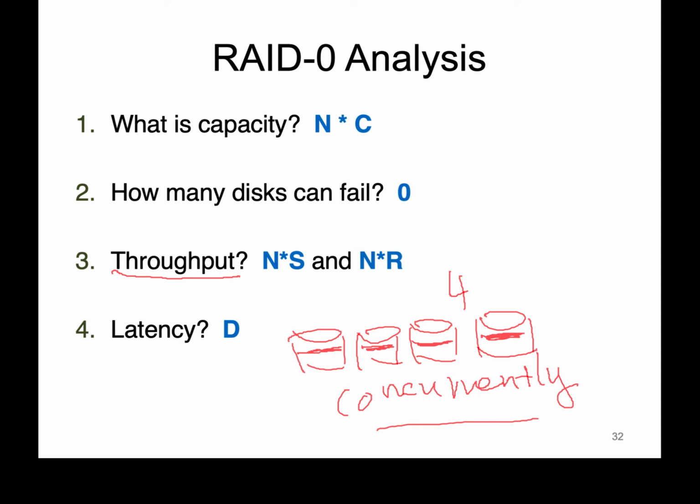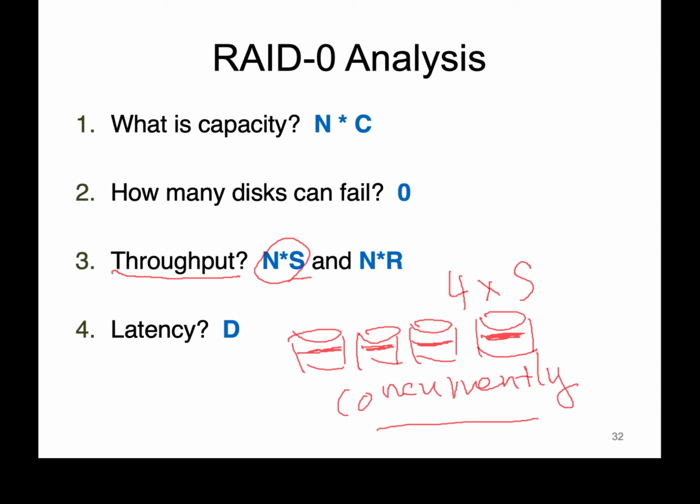In this case, it would be 4 times S, if S is equal to the sequential throughput that could be achieved by a single hard disk drive. So this is the sequential performance. For random I/O, basically, we can use exactly the same theory, right? Because we have 4 disks deployed, the random throughput is basically the aggregated sum of the throughput that could be achieved by these 4 disks simultaneously together.